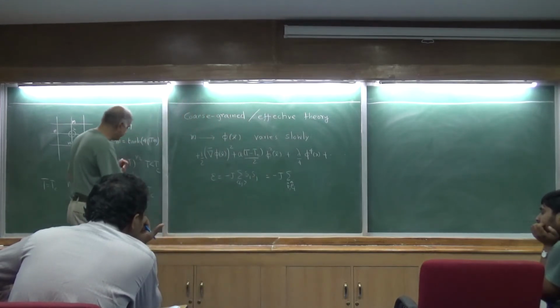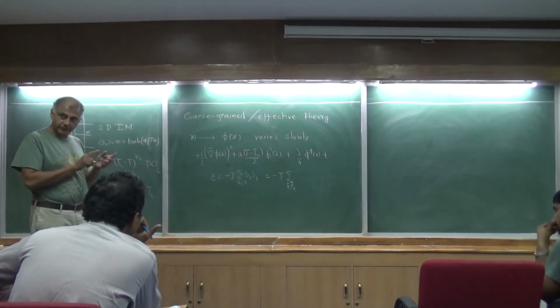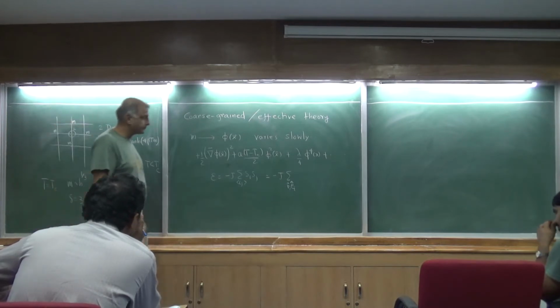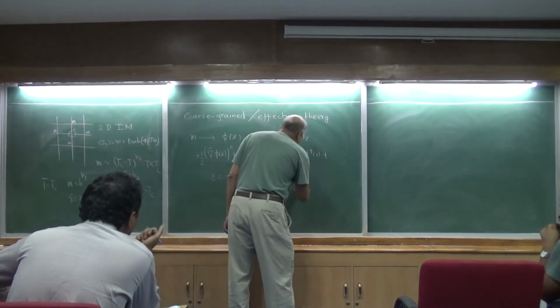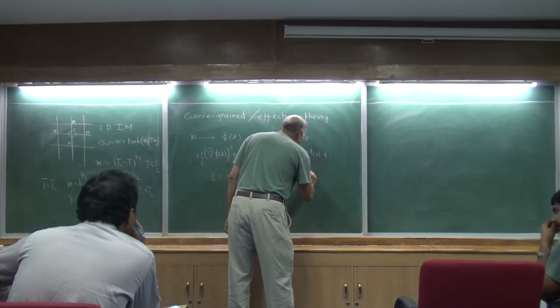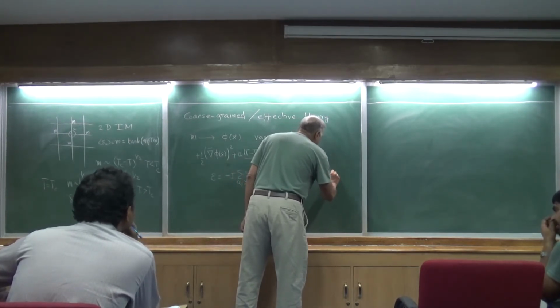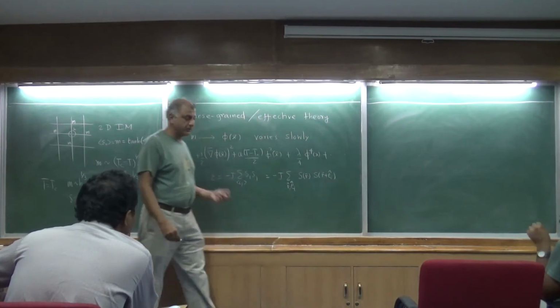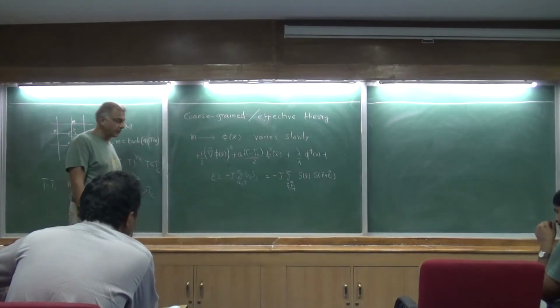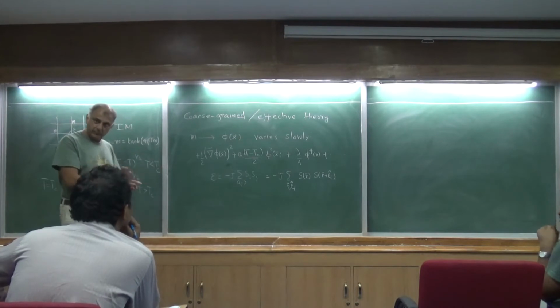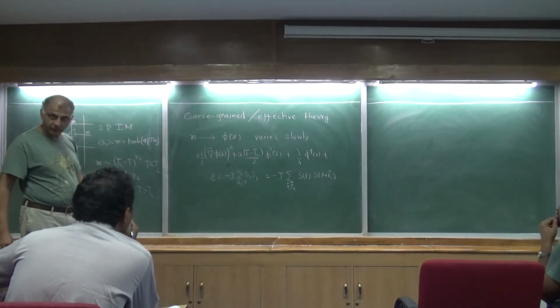At every position I have two different directions in which the neighbors are. So let me write it as S of R times S of R plus e_i. On the square lattice there are two of these directions. So you agree that this is exactly the same as what I wrote before.